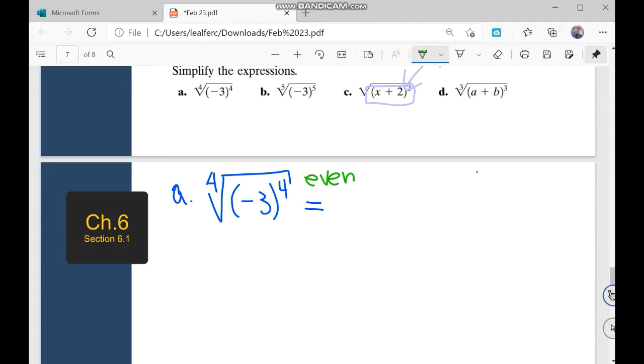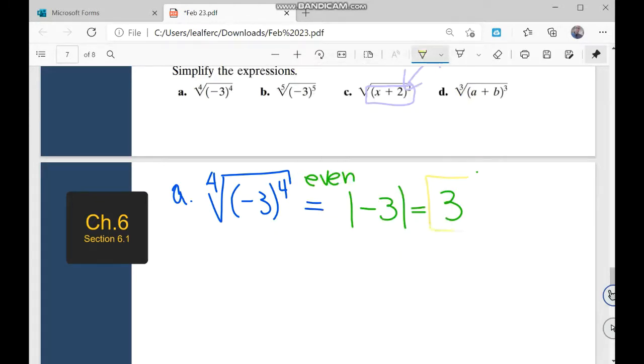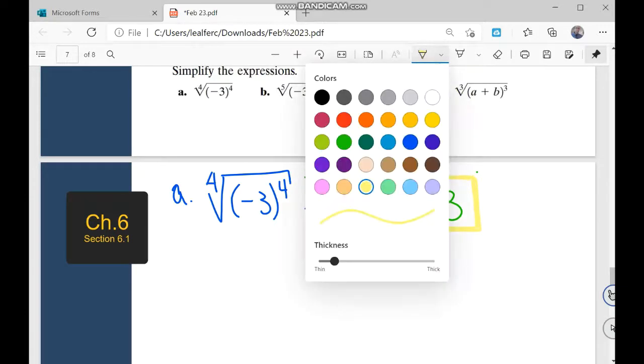So the answer is the absolute value of negative 3. The answer equals 3. When the exponent and the index are even, you're going to remove the sign. And the answer in this case is 3.